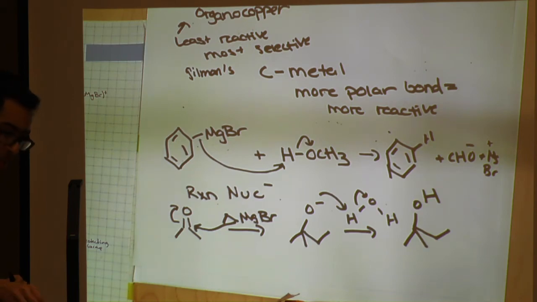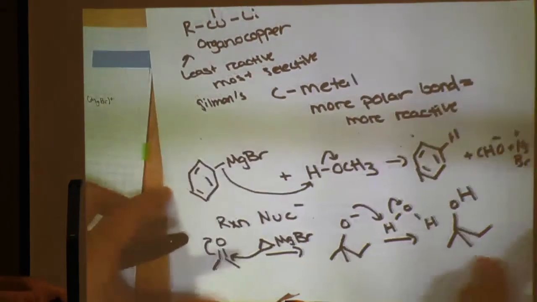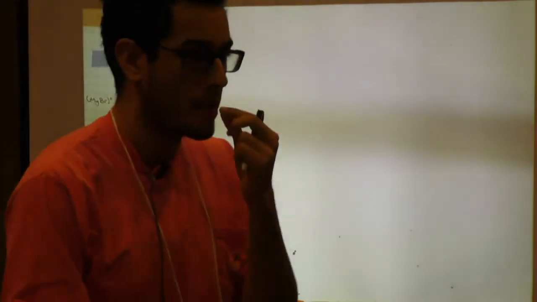Okay. Last thing to cover about this stuff is going to be our protecting groups. What about organolithium? Yeah, well, organolithium has the potential to add both of its R groups on.